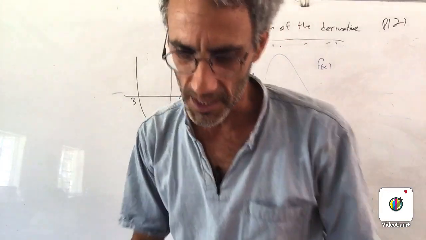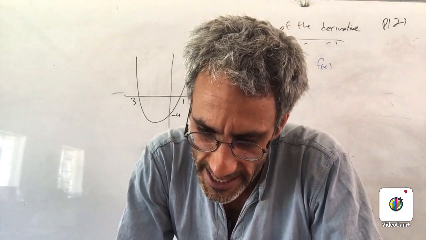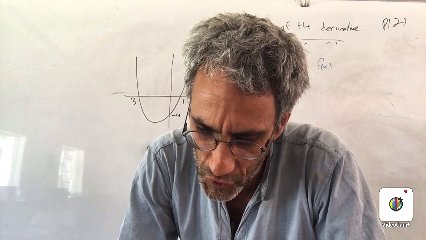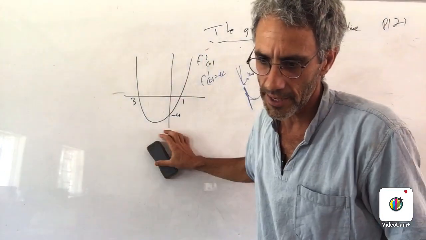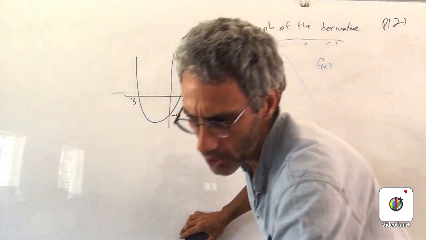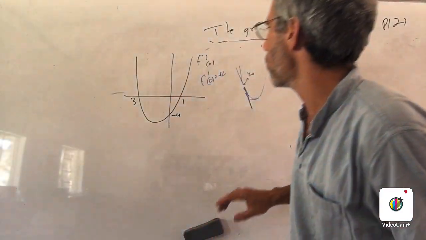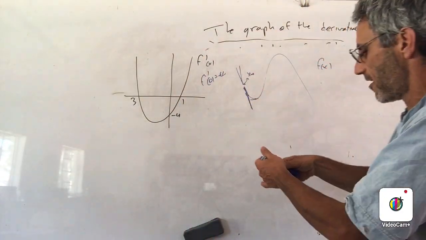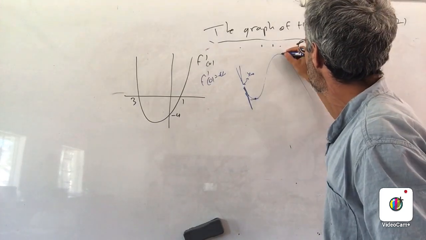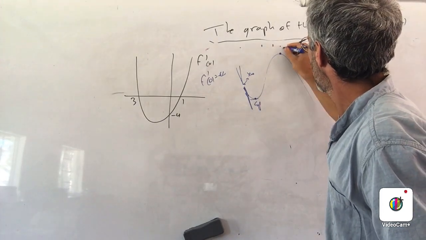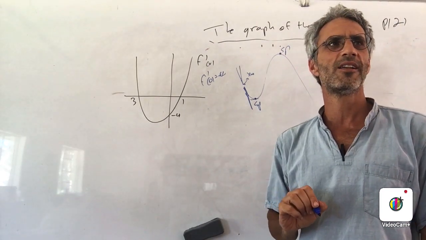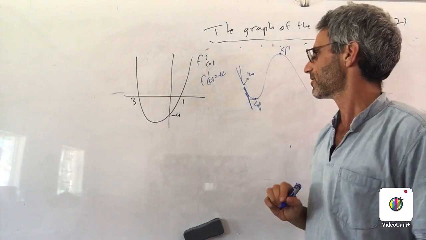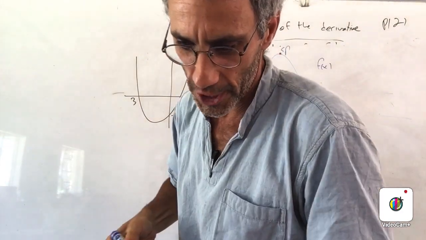It's a bit tricky. Next, write down the x coordinates of the stationary points of f. Do I know that? Where would I have stationary points of f? I'm looking for these points. These are my stationary points, right? And I'm looking for both of these coordinates. In fact, I should have had a minus there.